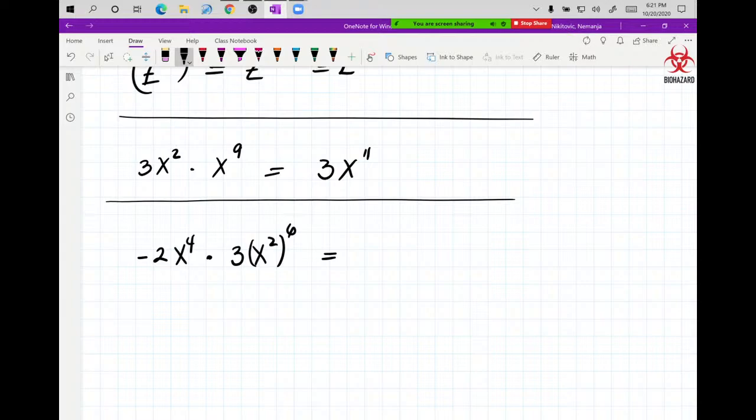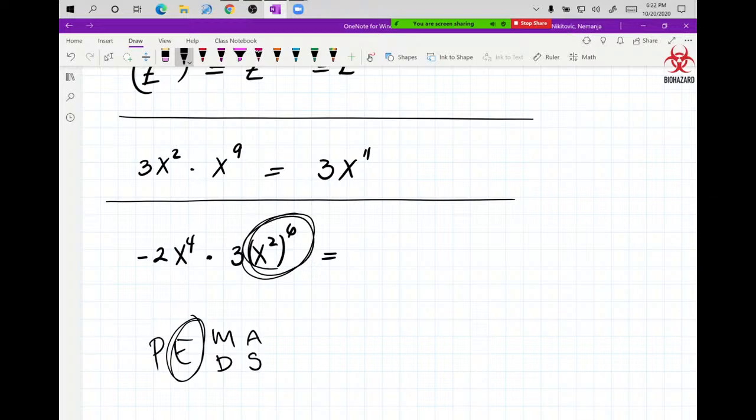And if you use PEMDAS, which is parenthesis, exponent, multiplication, division, addition, subtraction, you see that exponents have to be done first. And that's exactly what you have here. This is the one that has two exponents in it, so that's the one that we deal with first, and then we'll deal with the rest.